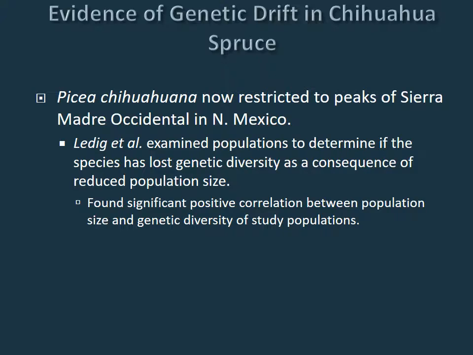In species like the spruce, which is only on the top of mountains, there's not a lot of genetic diversity left, just because there's not a very large range that it lives in, and it's likely that certain species get wiped out naturally through genetic drift. And so over time, they found a significant positive correlation between population size and genetic diversity.